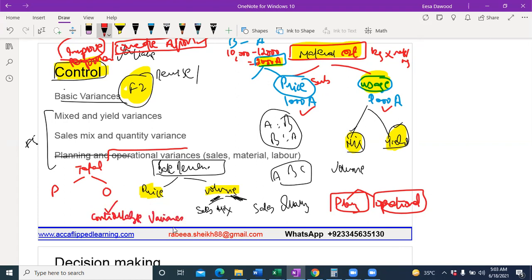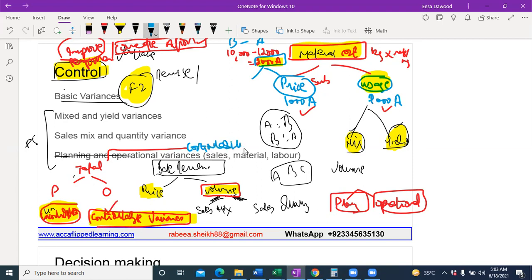So variances would be subdivided into controllable and uncontrollable variances, and I cannot blame the manager for not being able to sell due to external factors outside his control, which are uncontrollable factors. I would only assess his performance based upon the controllable variances. That's what the controllability principle is all about.